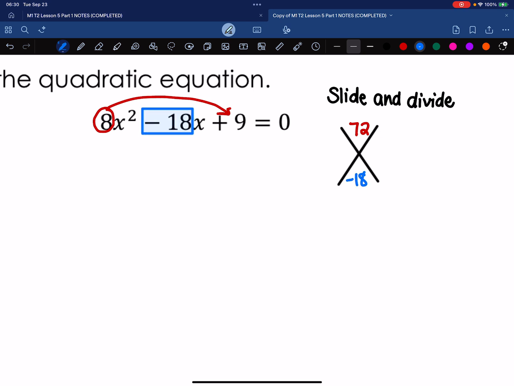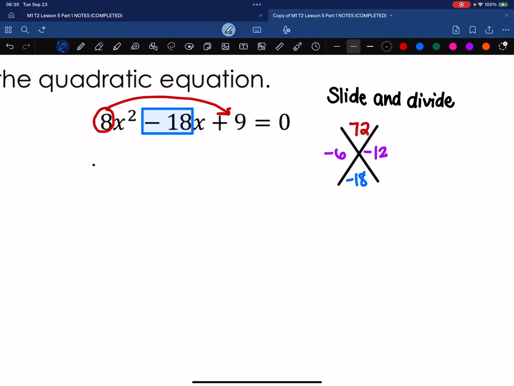So now what we need to figure out are what two numbers can multiply to get us 72 and add to get us a negative 18. Okay, and so those two numbers would be a negative 6 and a negative 12.